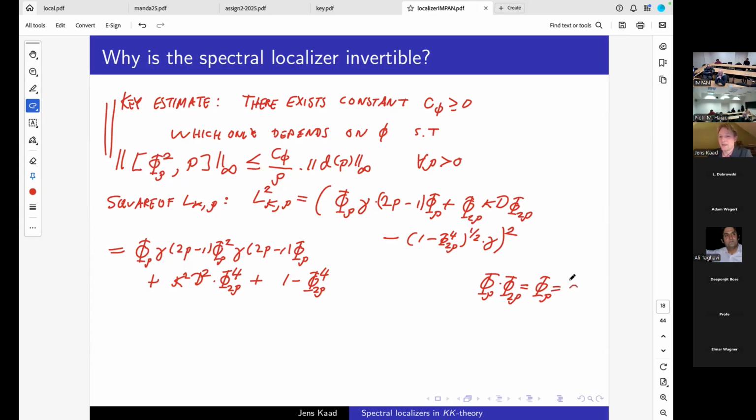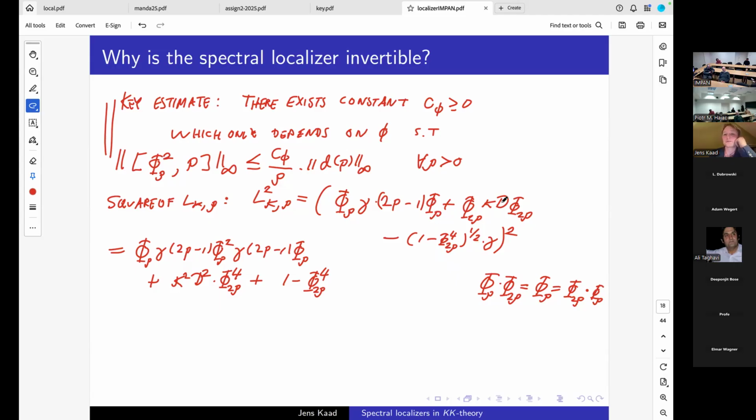The same thing happens from the other side, of course. So I have these two identities. When I look at phi rho times 1 minus phi 2 rho to the fourth, this is trivial. So the cross terms coming from terms 1 and 3 are just 0, both of them.